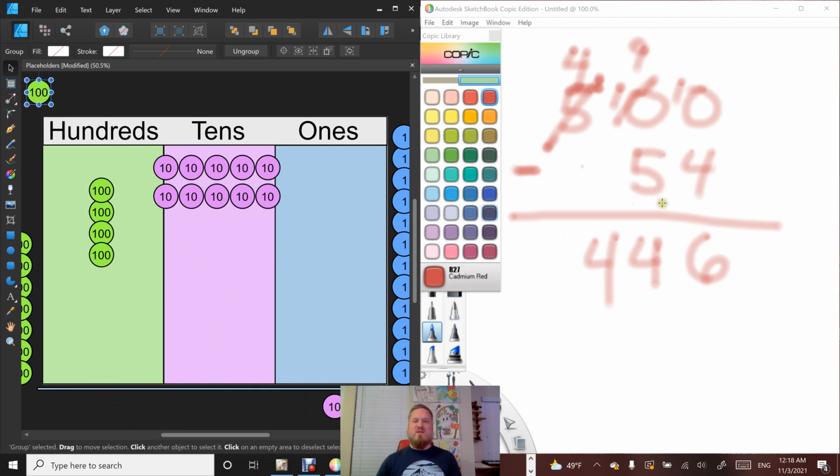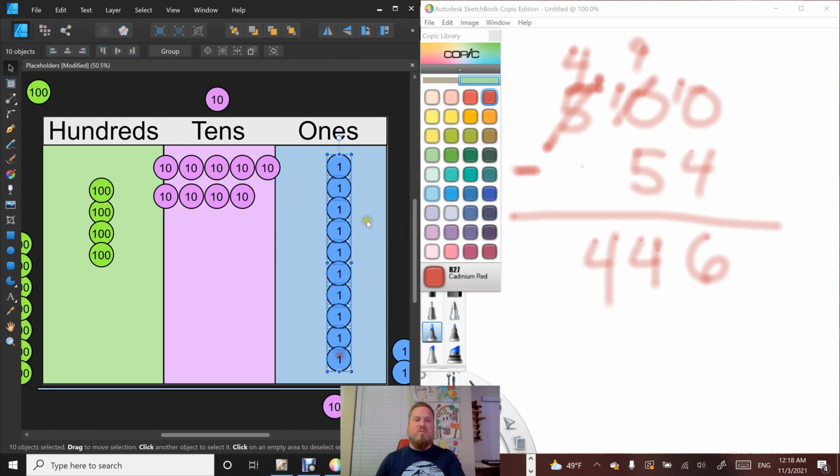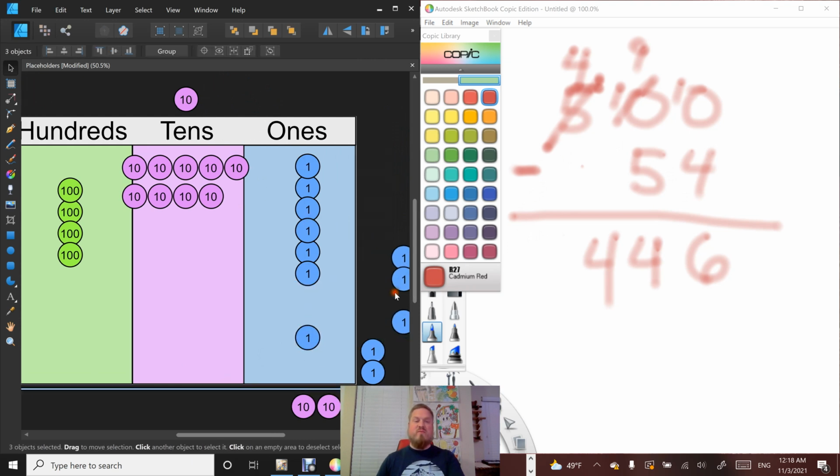That would have helped us to take away the 5 here, the 5 tens. But we still don't have any ones to take away from, so we're going to rename one of these tens as 1, 2, 3, 4, 5, 6, 7, 8, 9, 10 ones. Boom. And then when we take away the 4 from our 10, 1, 2, 3, 4, take them away.